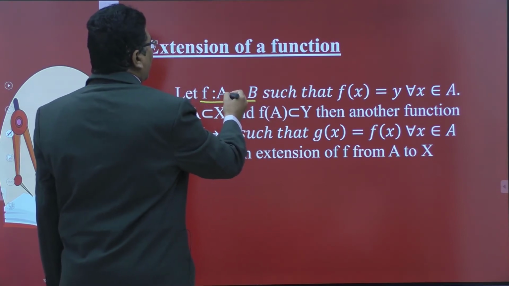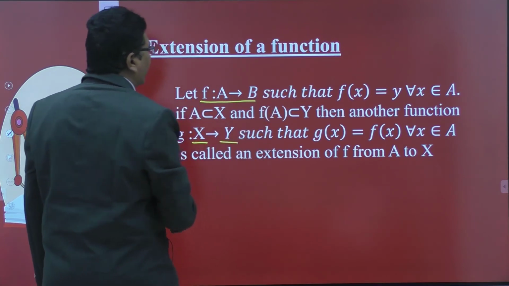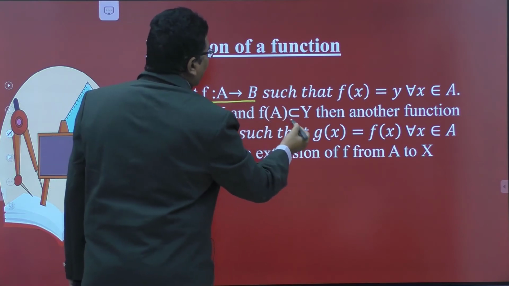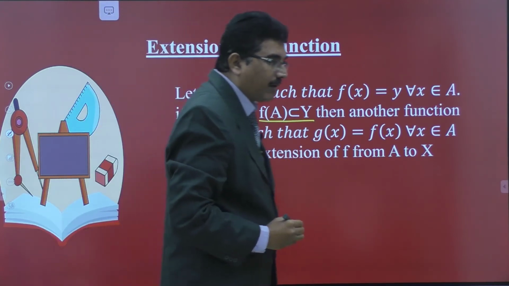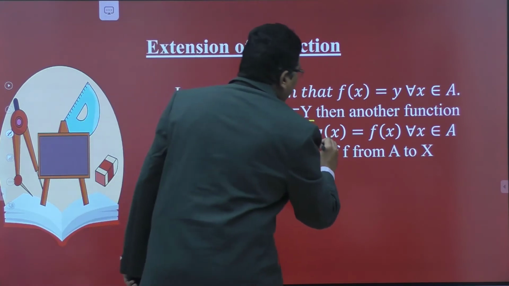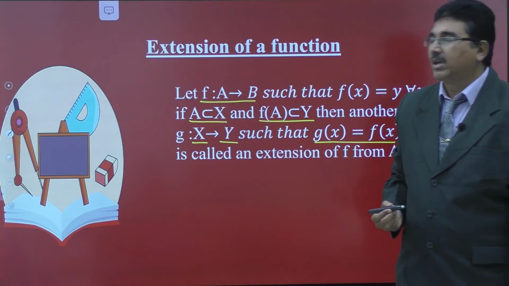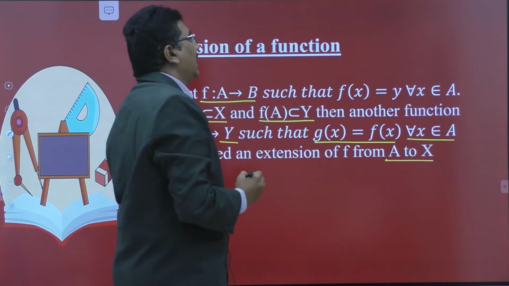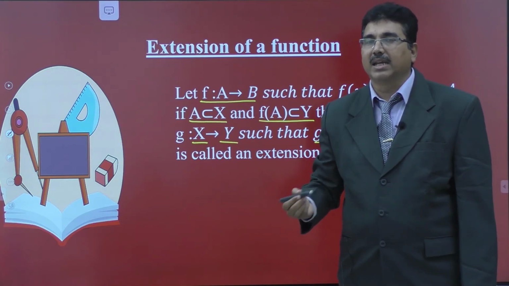Now extend the domain A to capital X and extend the codomain B to capital Y. A is a subset of X, f of A is the range, B is the codomain, and the range is a subset of Y. Then G mapping from X to Y satisfying G of x equal to f of x for all x belonging to A is called an extension of f from A to X.